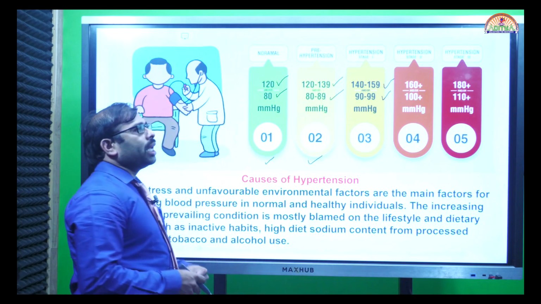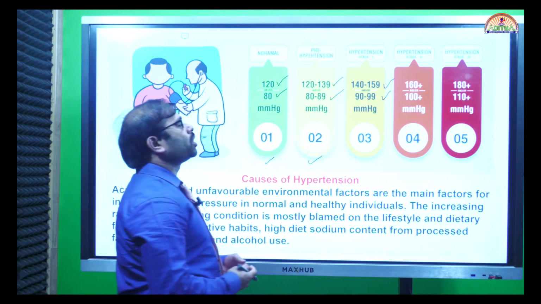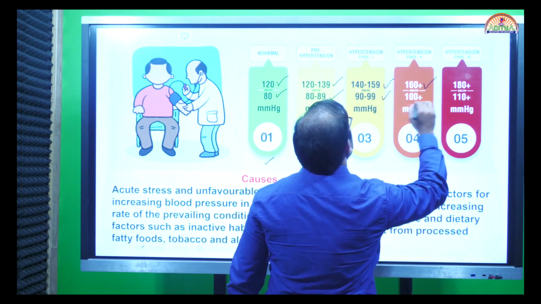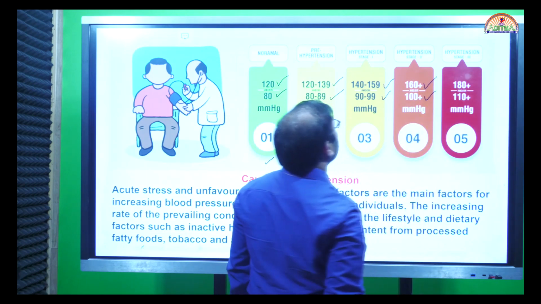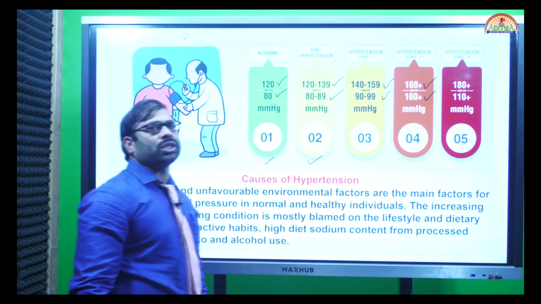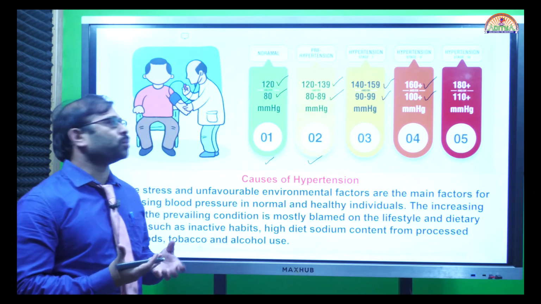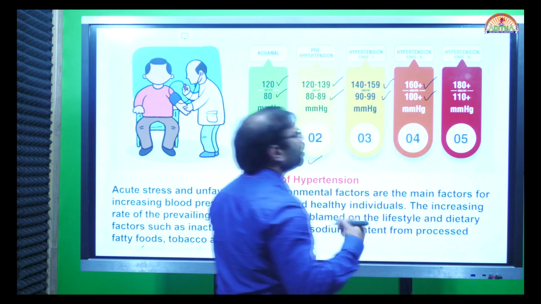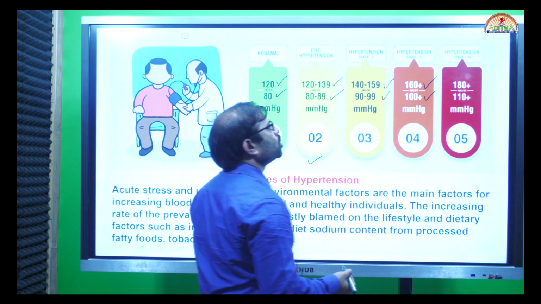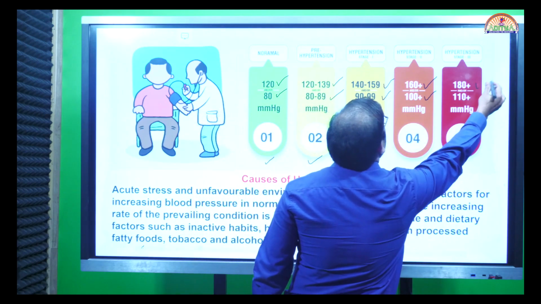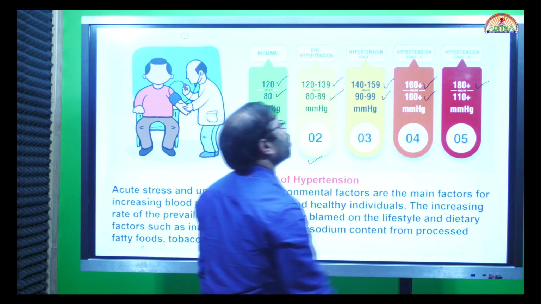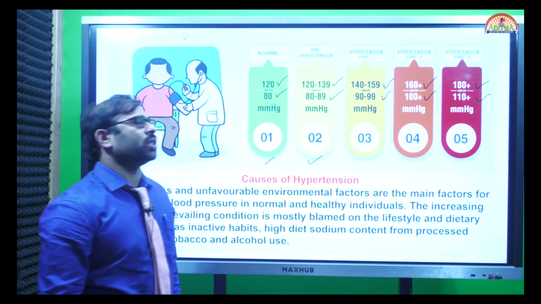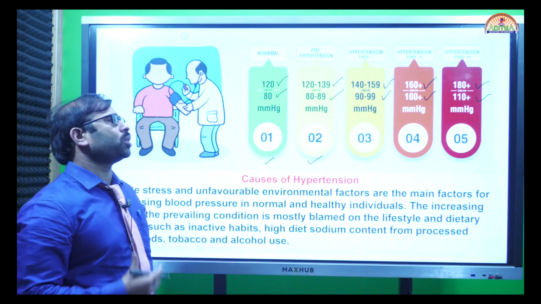If the blood pressure increases even more, with systolic pressure of 160 plus and diastolic pressure of 100 plus mm of Hg, that is called hypertension stage 2. If it crosses systolic pressure of 180 plus and diastolic pressure of 110 plus, it is called hypertension stage 3. This is the highest stage.